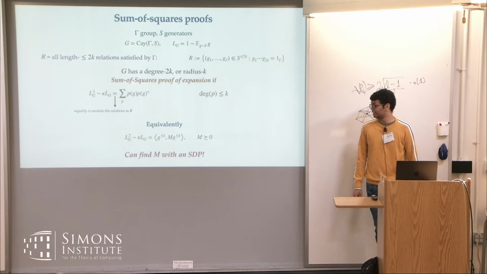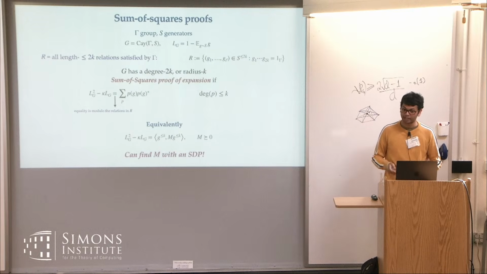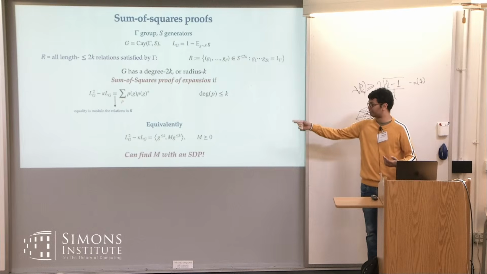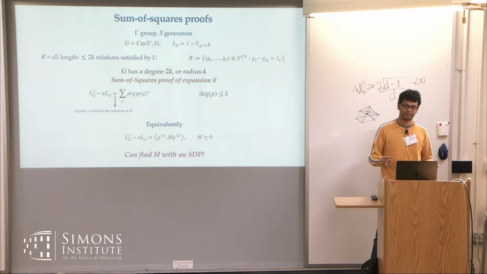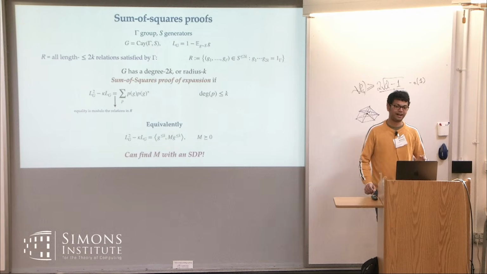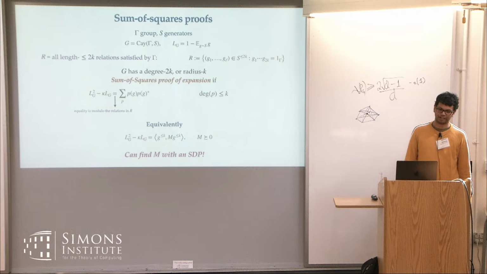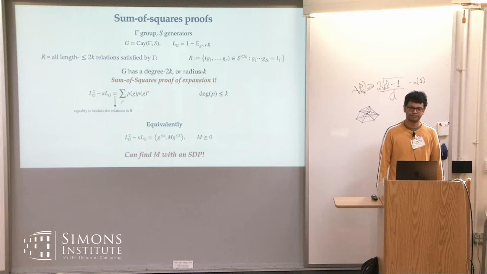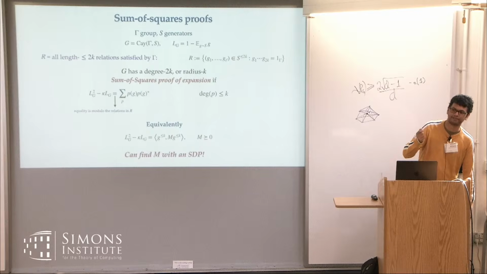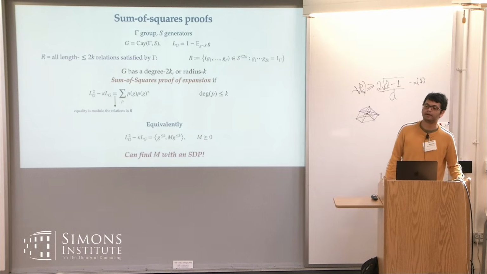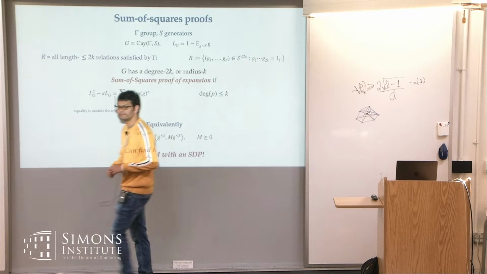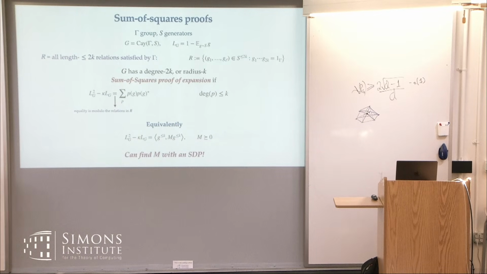In general, if you have a finite group, then you know that you can always find an SOS proof of degree at most the size of the group. But if you have an infinite group, then you have no guarantee that there's going to be a finite degree sum of squares proof. What does it mean, G at most K?